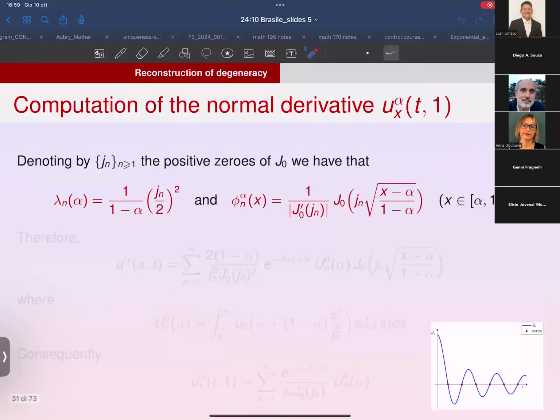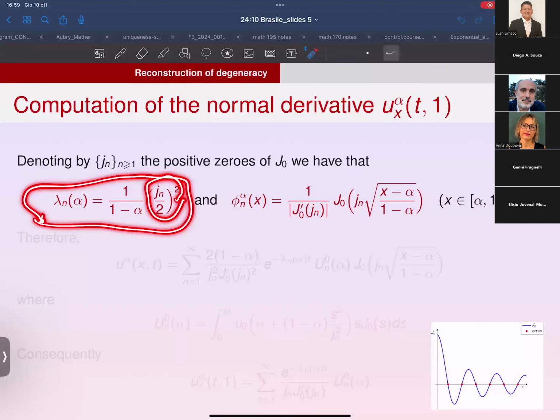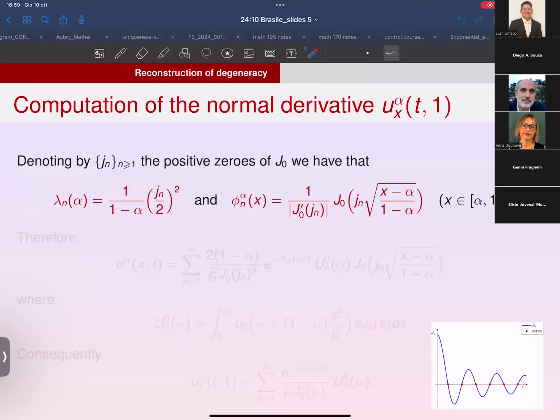In fact, if we call these zeros j_n, then the eigenvalues of our problem are given by this expression in terms of the zeros of the Bessel function and of the parameter alpha. And the eigenfunctions have this representation in terms of the Bessel function of the first kind, which is composed with our change of variable.